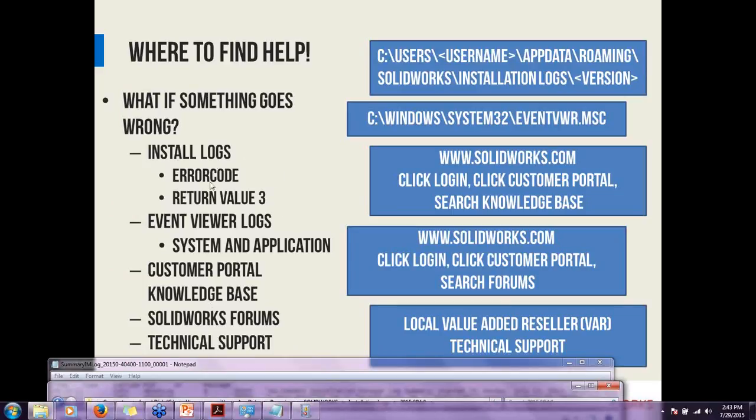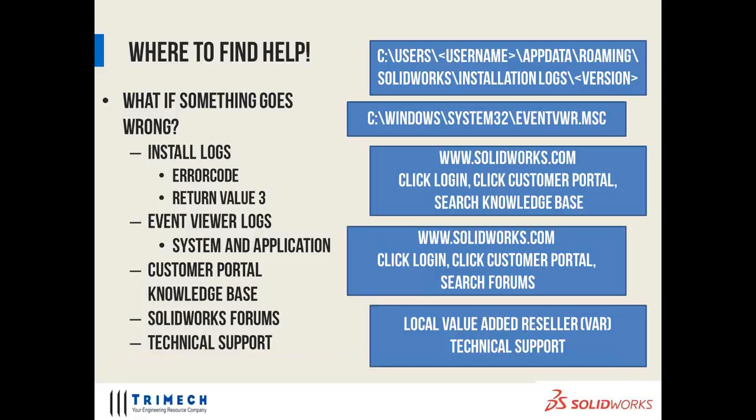If you run the error code and the return value 3 searches inside of your installation logs and you get a code that you want to look up, you can go to the customer portal website, which is found at solidworks.com, and you can click on the knowledge base and search for those different terms. You can also take a look at the SolidWorks forums, which again is going to be through the customer portal, and then you can search through the forums for other SolidWorks users who may have come across the same issue.